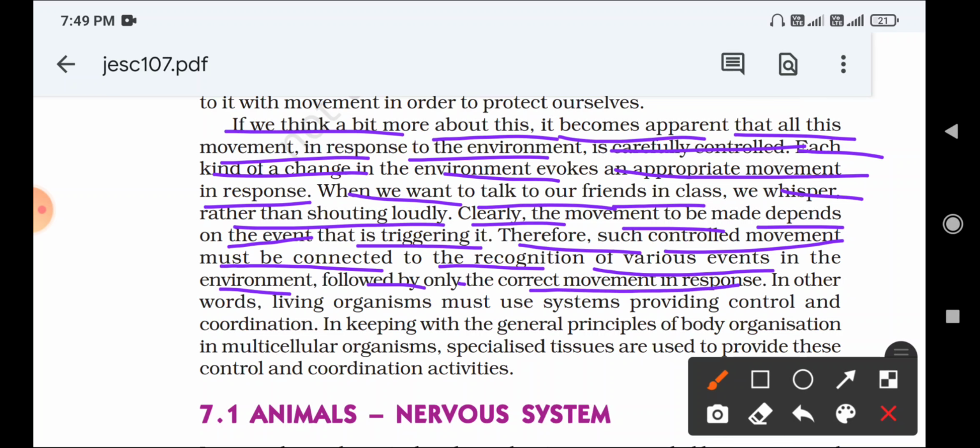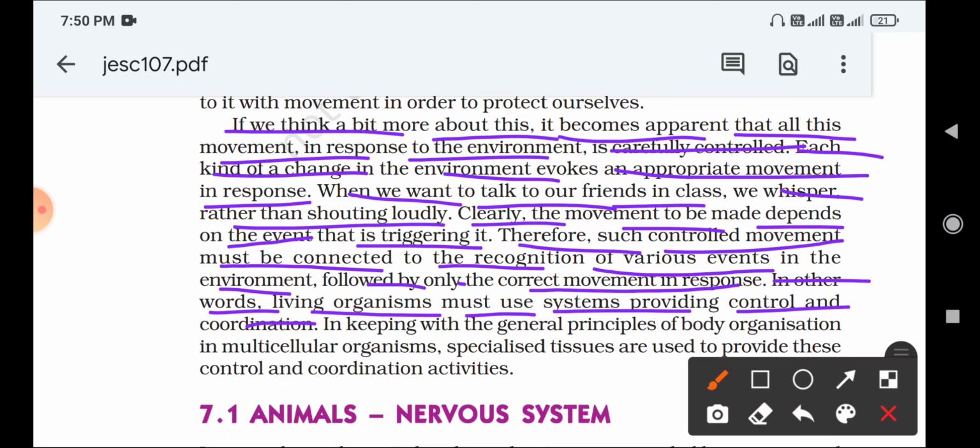We will not respond to all kinds of changes in the environment, but only to particular changes. So how are they controlled in our body in such a precise manner? That is what you have to study here. How do they control and coordinate these activities in a precise manner? You have to study that here. In other words, living organisms must use a system providing control and coordination.